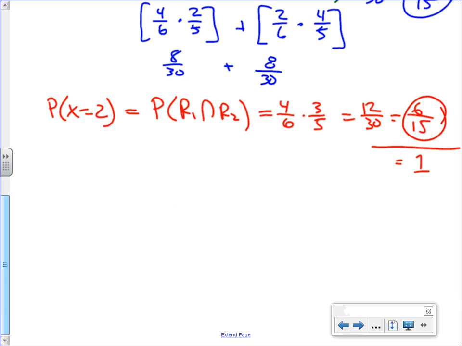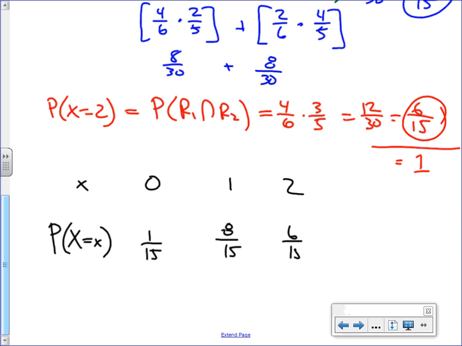Okay. So making our table. We have little x, then you have P of big X equals little x. So 0, 1, 2. The first one was 1 over 15. And then 8 over 15. And then 6 over 15, or 3 over 5, whichever.